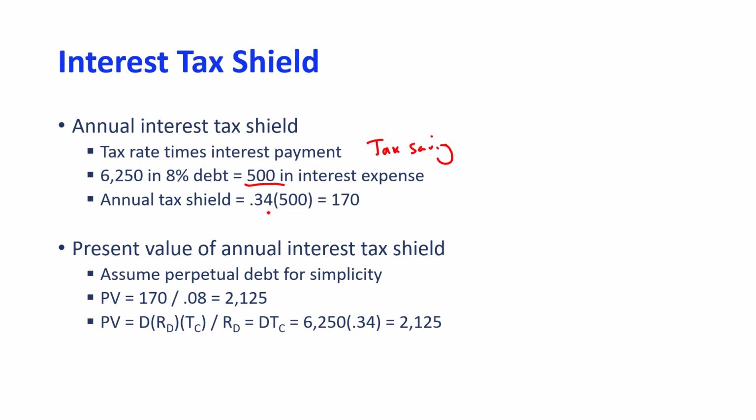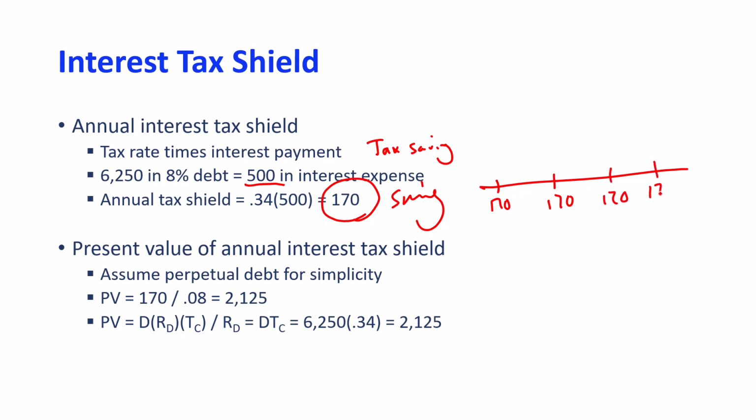And if your tax rate is 34%, that means that you're saving $170 every year because of the tax savings, because of the interest tax deductibility. And we are assuming we have perpetual debt. That means that every year you're going to save $170 in taxes because you're using debt.